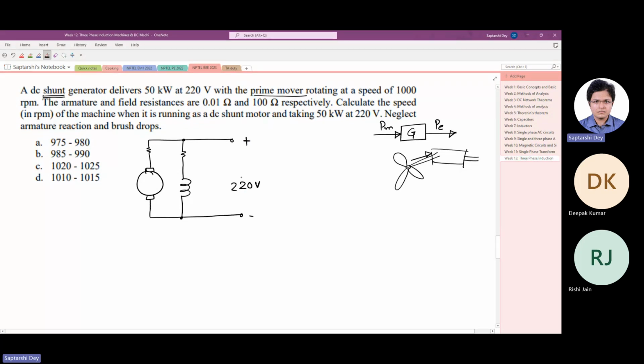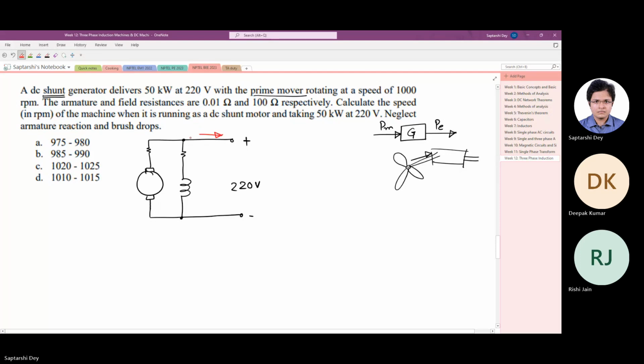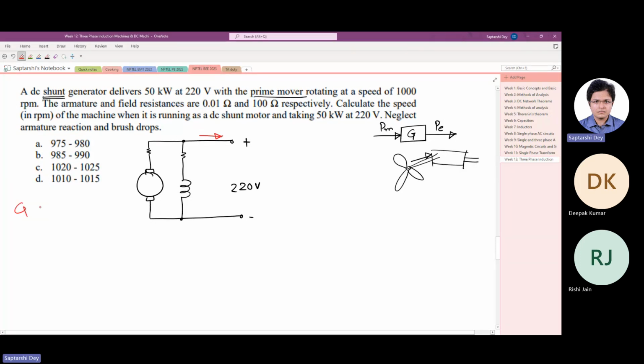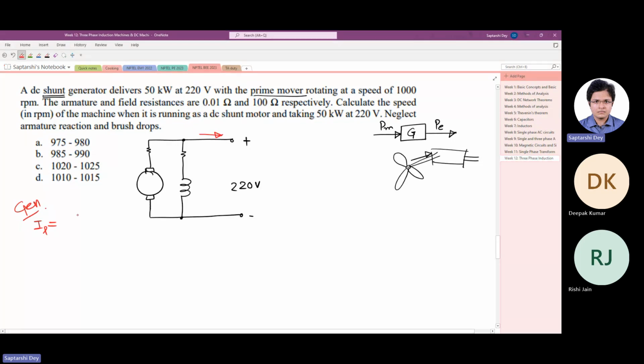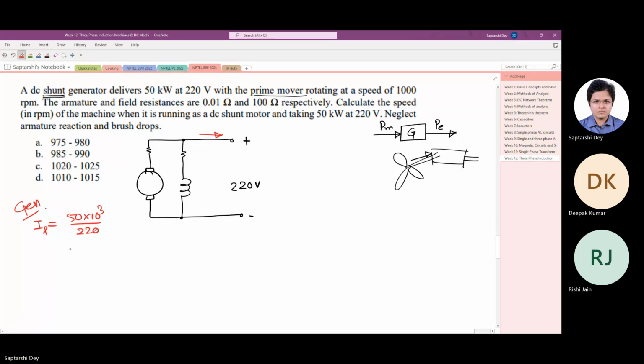Now it is supplying a 220 volt line, and it is supplying 50 kilowatt of power to this 220 volt line. So we are talking about generating mode now. The line current that it is supplying is 50 kilowatt by 220 volt. That will be something.